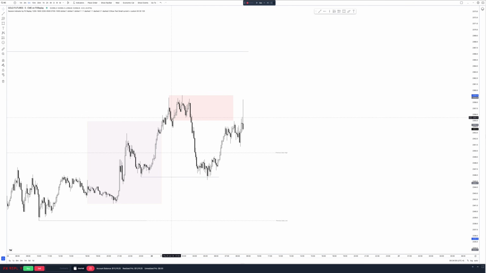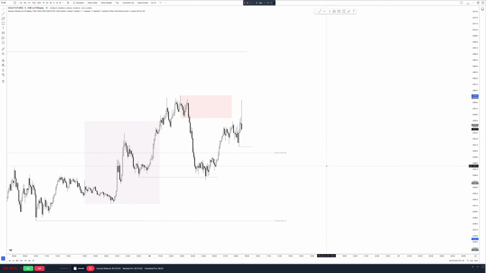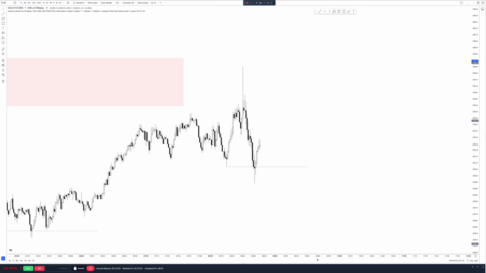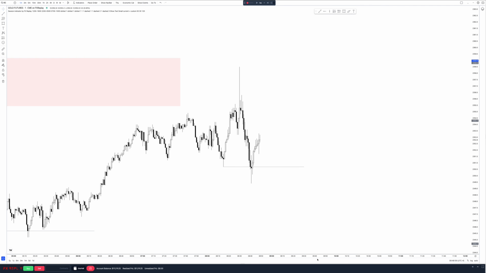Now that I came into this area, it's looking pretty decent. Buyers are induced. I want to see price below here, possibly, and then maybe a move up higher. Okay, low taken. Let me head to the 1 minute. Okay, and maybe a move down below here.